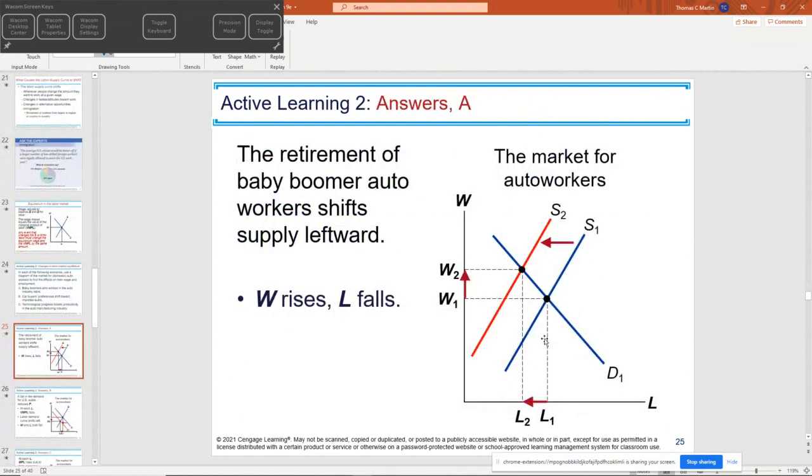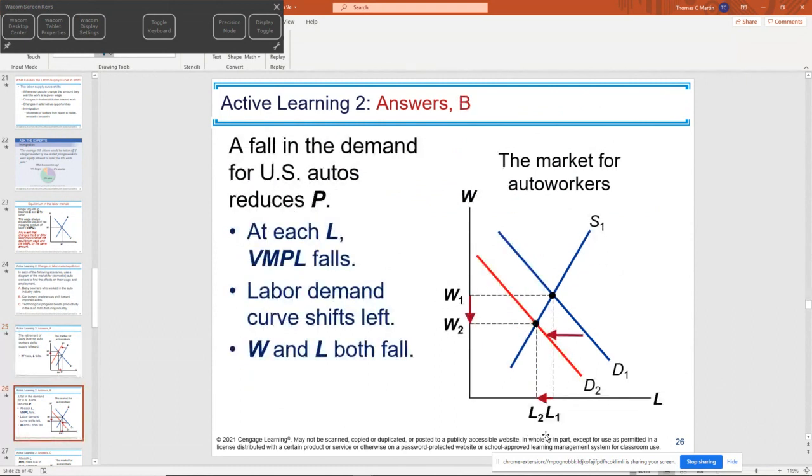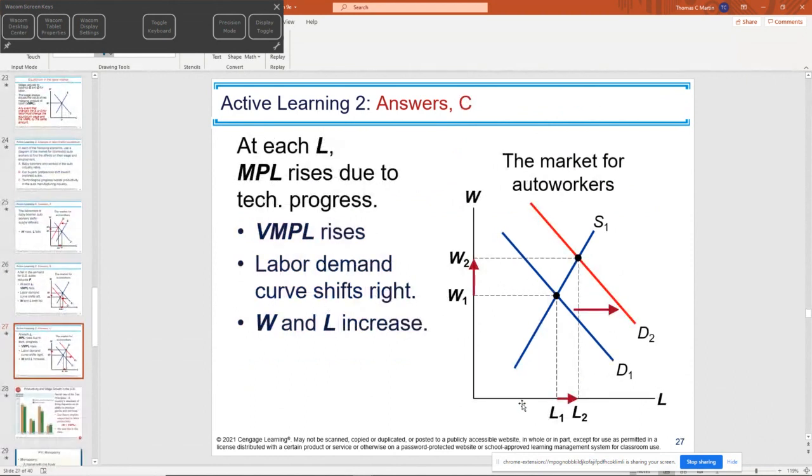Here we see the baby boomers retiring, the supply of labor goes downward, the wage goes up, and the supply of labor is falling. Here we see the demand go down, same thing, except the wage rate goes down and the labor goes down, the number of workers. Here we see an increase in demand.